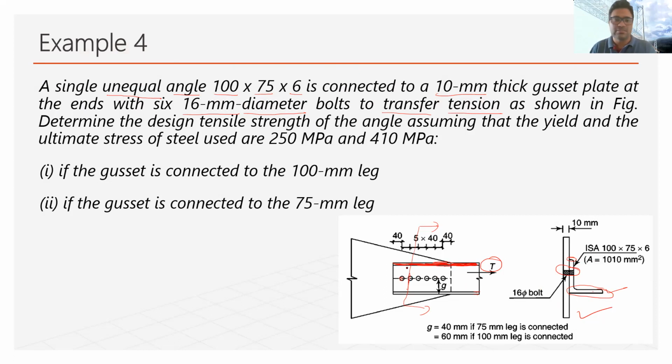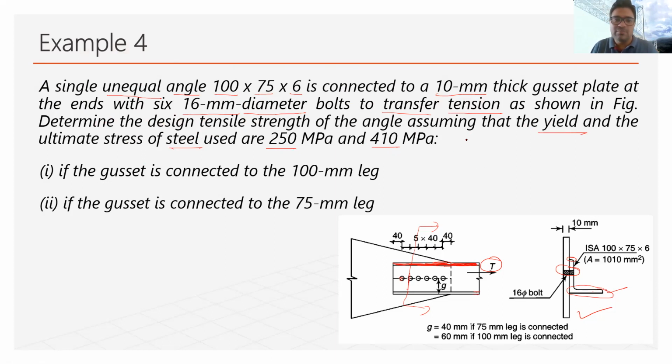Okay, so now it says determine the design tensile strength of the angle, assuming that the yield and ultimate stress of steel is 250 and 410 MPa.